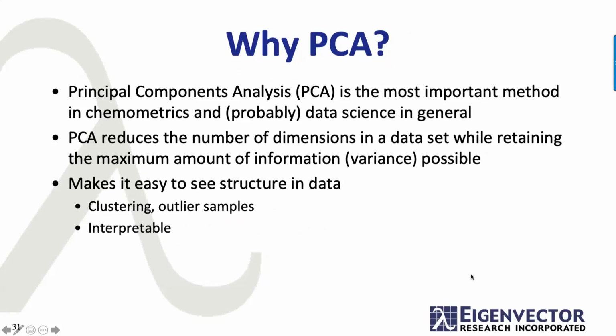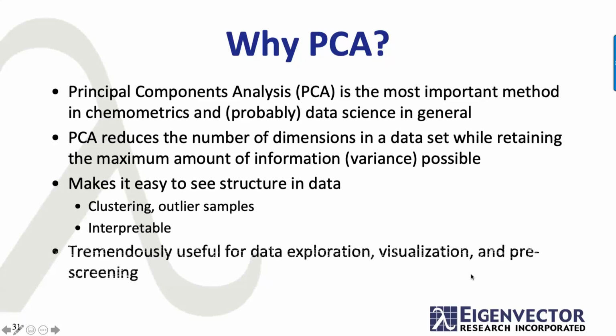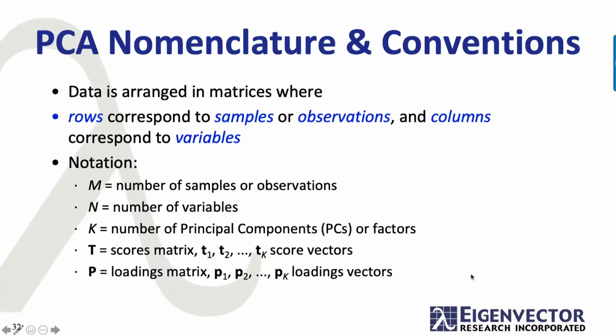It makes it easy to see the structure in your data, how your data clusters, what outliers you have. It's interpretable. You can look at the model loadings to tell you how your spectra are changing to produce the variations that you see in your samples. It's tremendously useful for data exploration, visualization, screening, data compression. It's part of an awful lot of other methods.